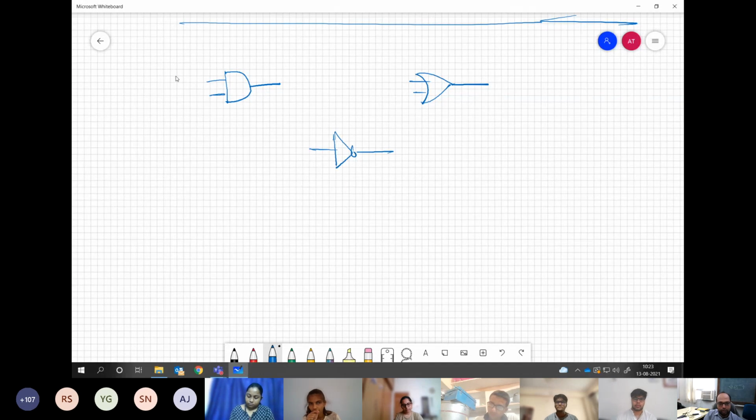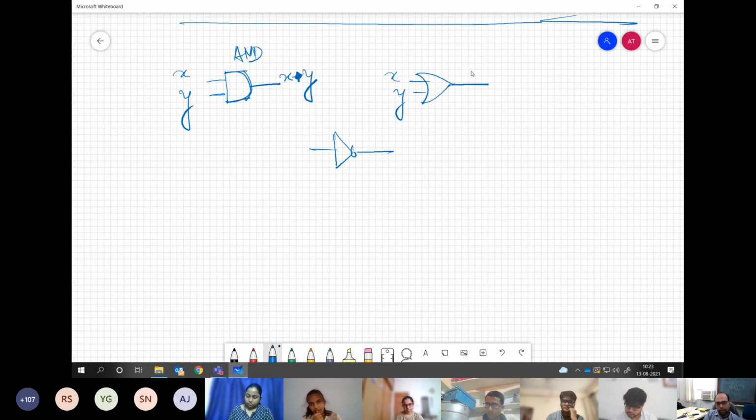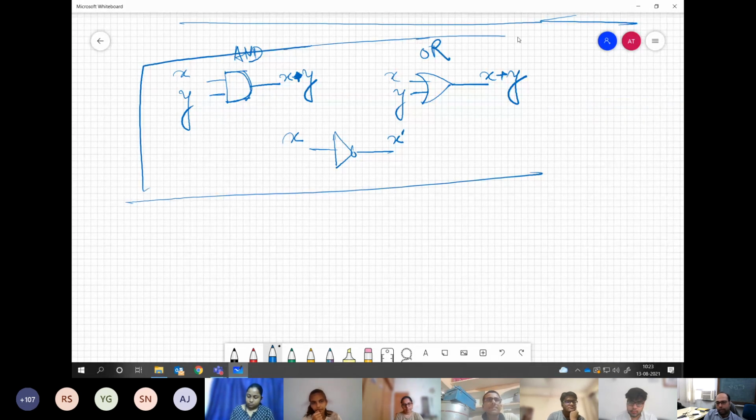Can you name what this is? The first one? AND. So the output is x dot y. And here, what is the second? OR. So the output is x plus y. And here, of course, it is NOT.